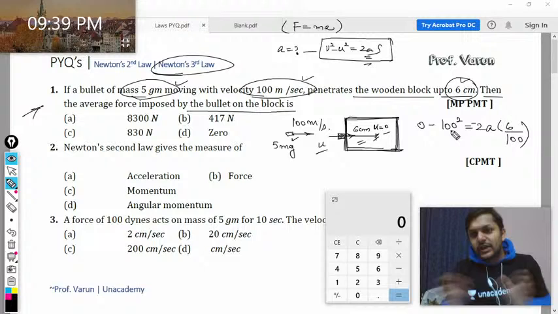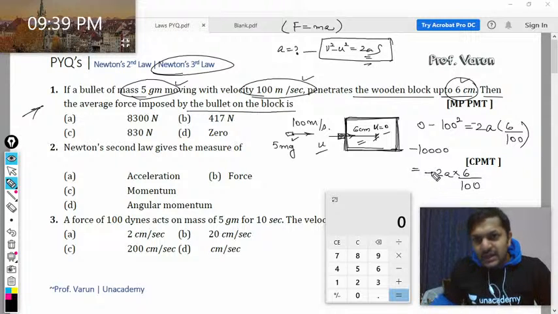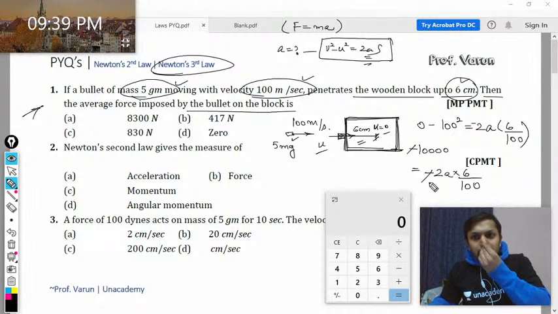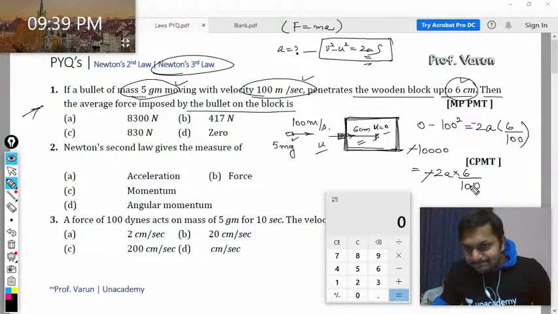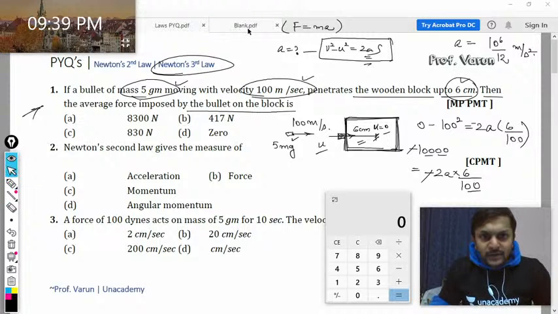So a is equal to minus of 2 into 6 divided by 100... So anyway, the acceleration will be given by 10 raised to power 6 divided by 12 meter per second squared.